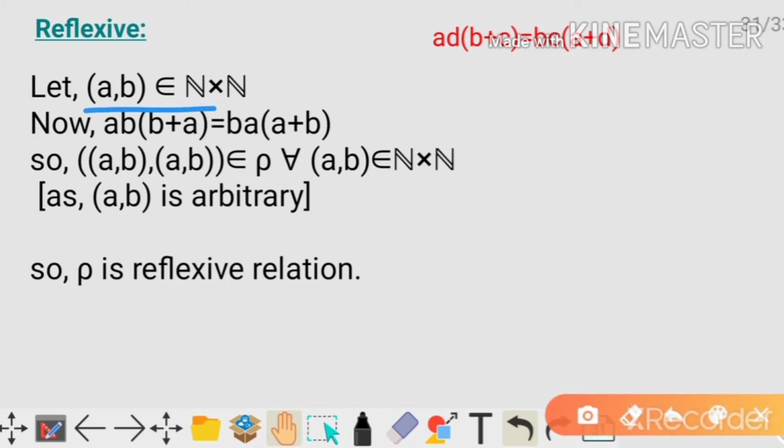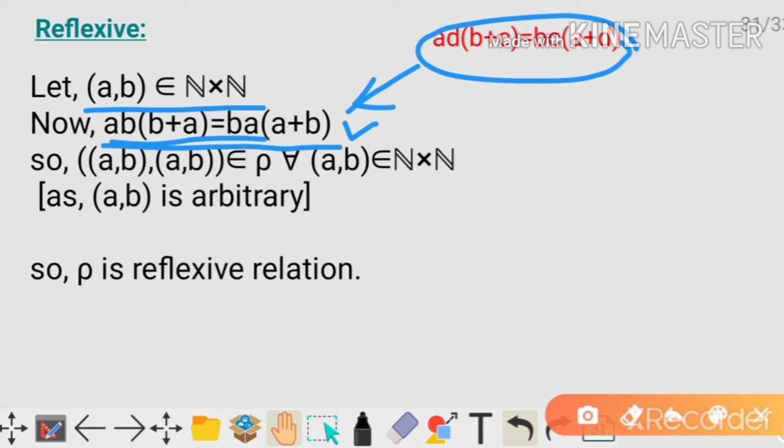First, we suppose that (a, b) belongs to N cross N, and we have written this equation. This equation is actually similar to the given definition of rho. As we have succeeded in writing this equation, we can say that ((a, b), (a, b)) belongs to rho. Is it clear?